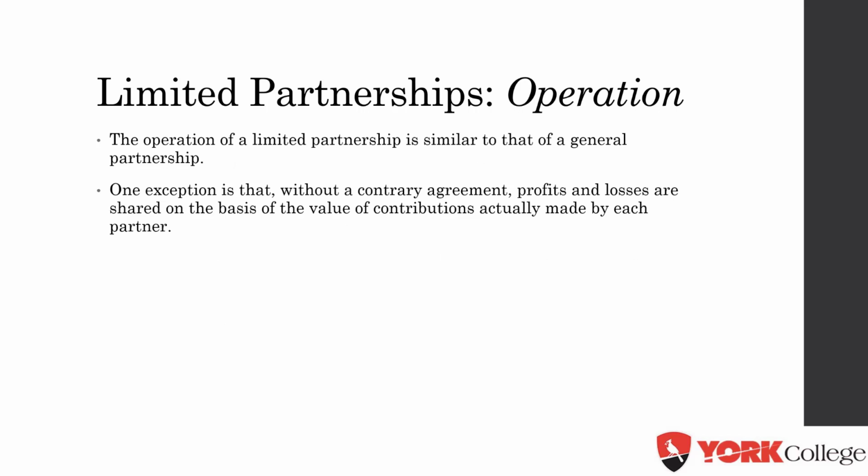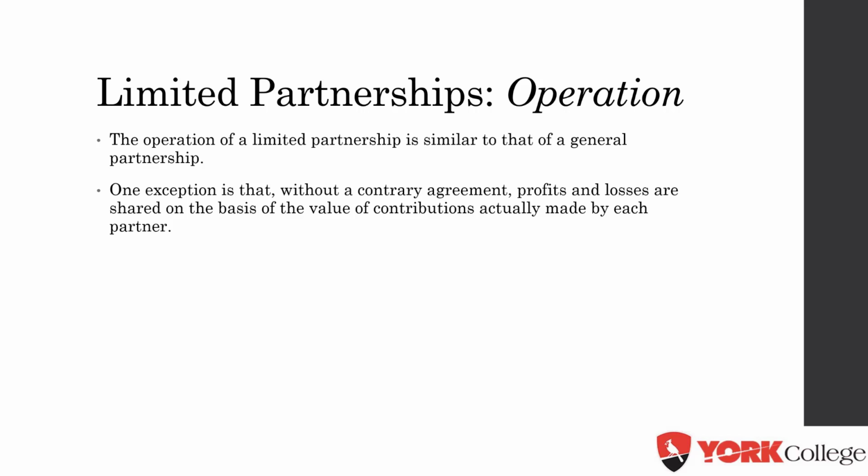Well, it's very similar to a general partnership, except that when the profits and losses are allocated, whether by quarter or by a set time trigger, the basis of the value of those contributions made by the partner is then used to calculate how much that partner gets in terms of profits and how much of the losses are attributed to them.